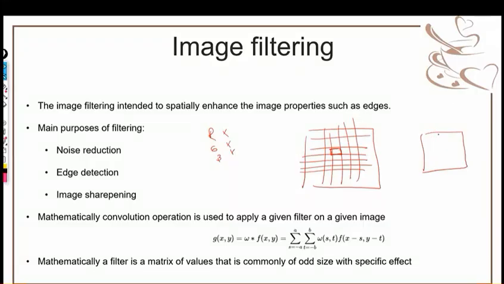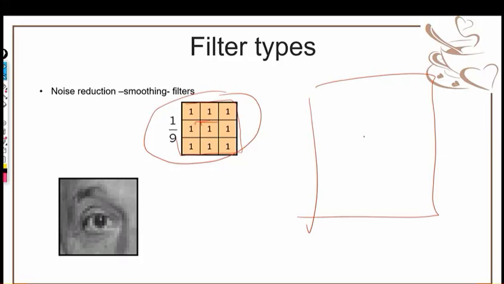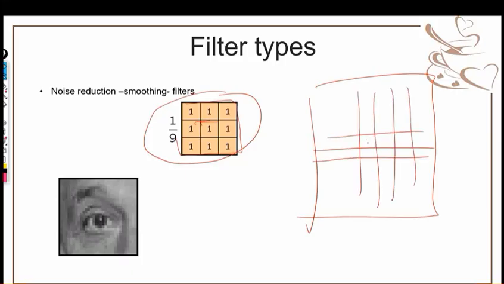So this is called the kernel. You have an example of a 3 by 3 kernel. So what are we doing here? We are multiplying. We will apply this kernel to all the pixels. What does this mean? Let's suppose that this is our image, and we want to find the new value of this pixel. So how to apply this filter here?